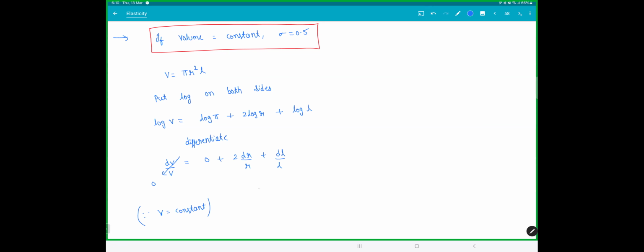And you'll be left with minus dr by r over dl by L is equal to half, and that is sigma. That is the proof for that. So if volume is constant, sigma has to be half. That is the only theoretical question they can ask you in terms of sigma.